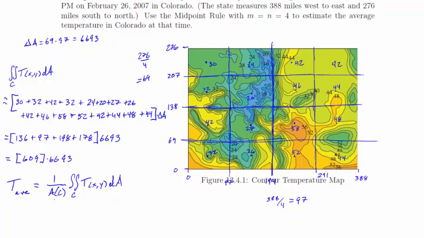And this then, 1 over the area is 276 times 388. There's a way that I can simplify this pretty quickly. 6693. Note that this is 4 times 69, and this is 4 times 97. And this is 69 times 97 right here.